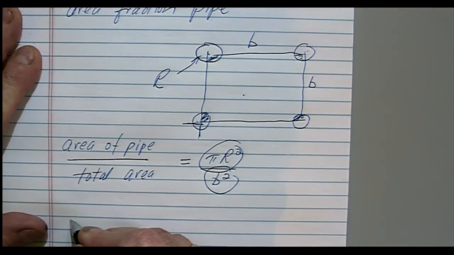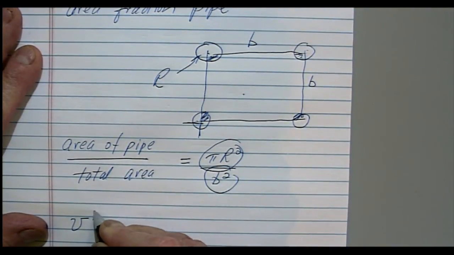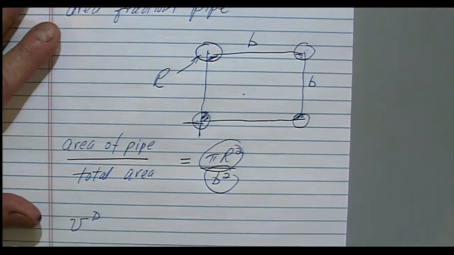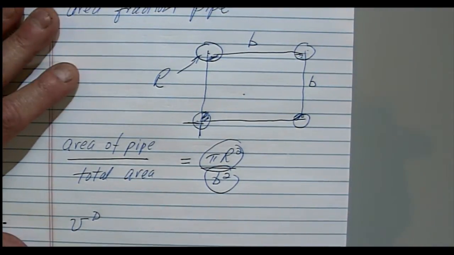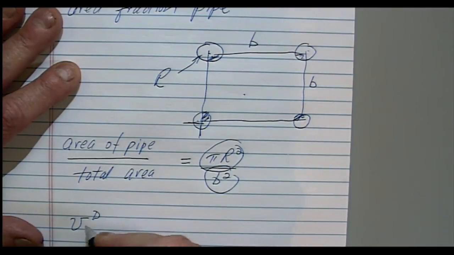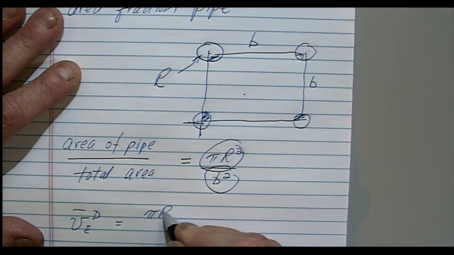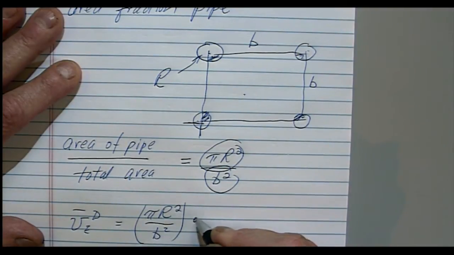And so the Darcy velocity, which is the fluid coming through the whole medium, not through one pipe, is just equal to the weighted mean velocity. I'm going to weight by the cross-sectional area, pi r squared divided by b squared, and multiply that by my mean pipe velocity.